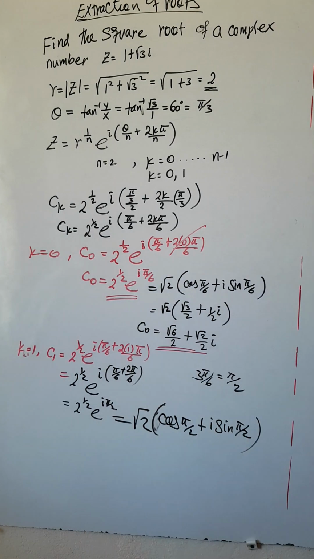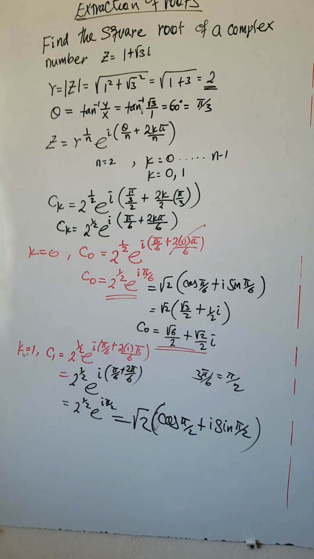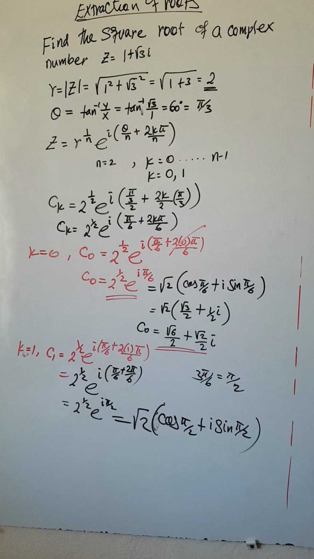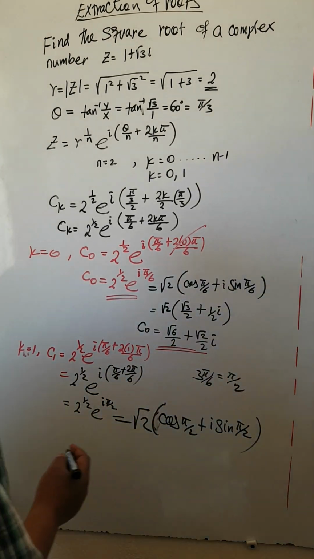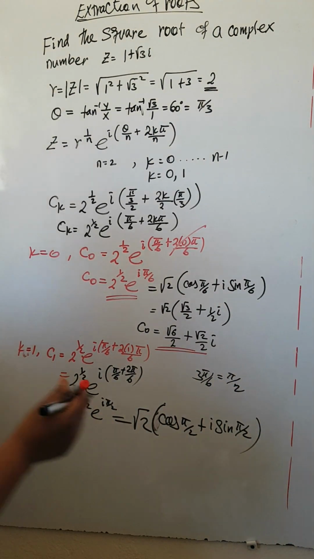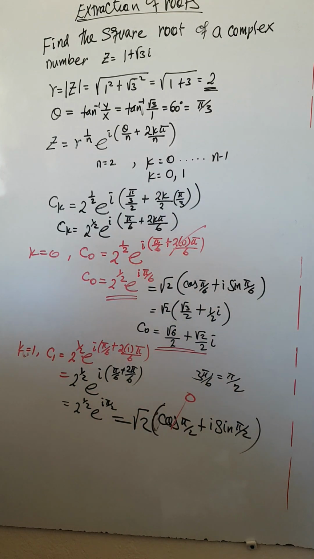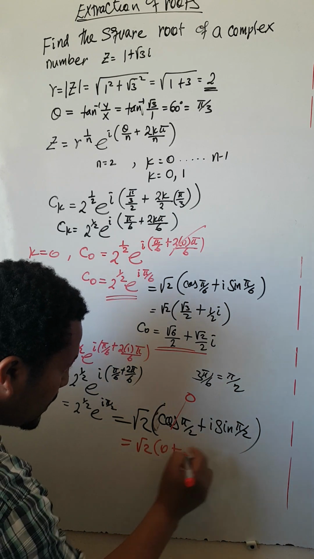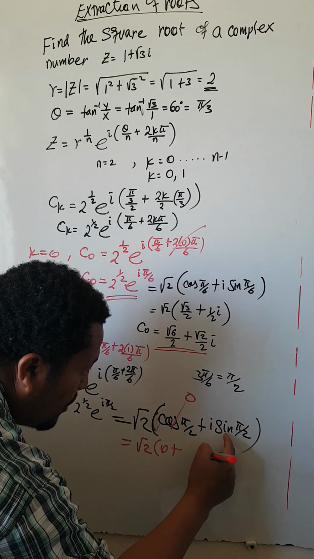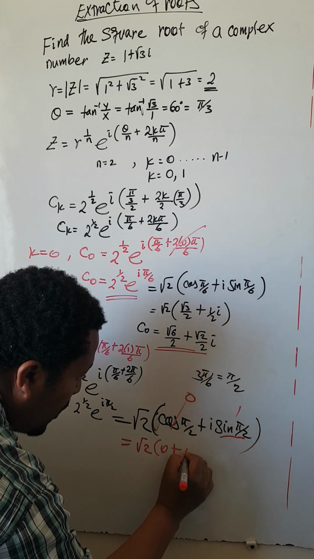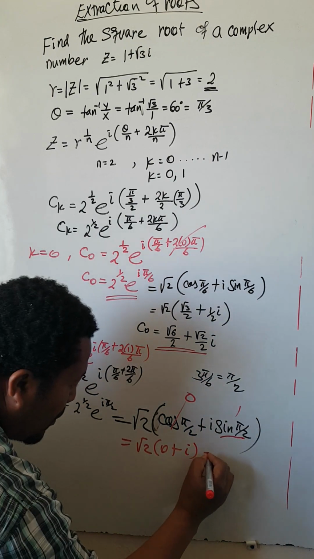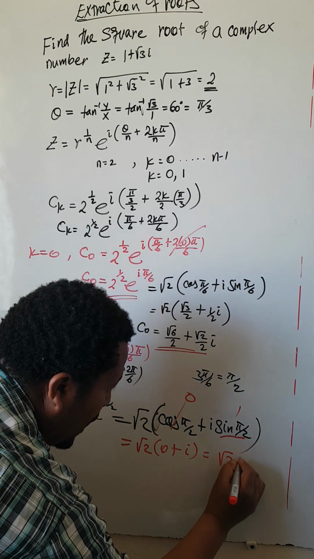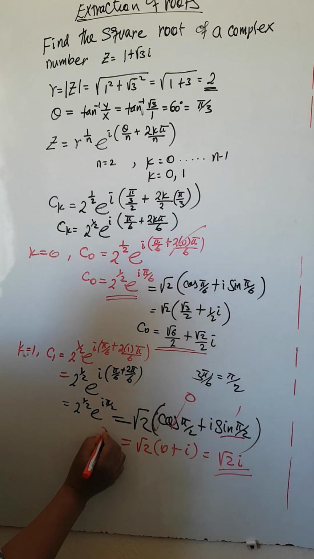Cosine of pi over 2 is 0, and sine of pi over 2 is 1. So this is equal to square root of 2 times 0 plus 1 times i, which is square root of 2 i. This is c1.